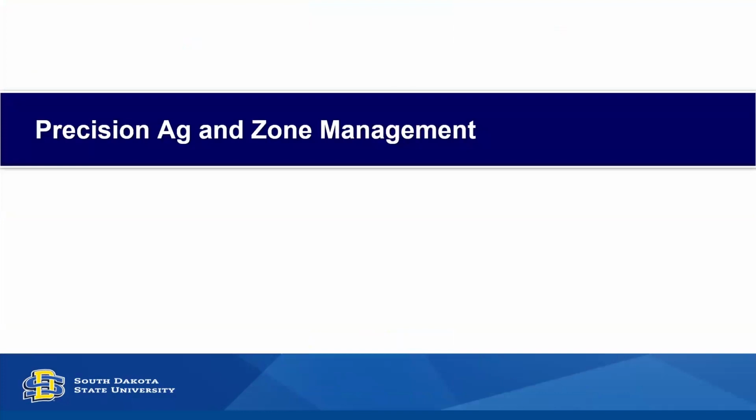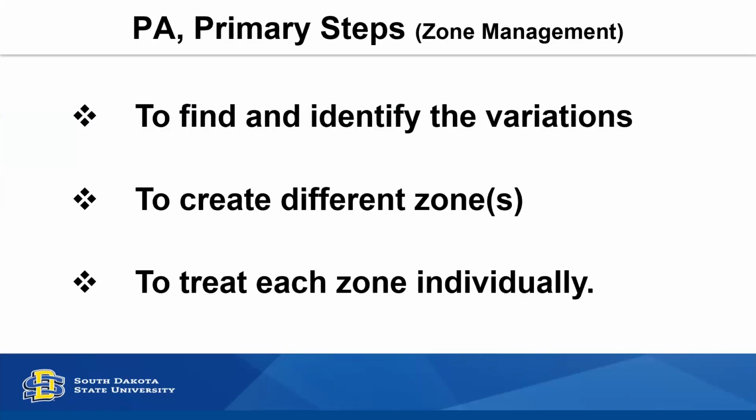So the primary step for precision agriculture is zone management. And the philosophy of management zones is managing each crop production input, like fertilizer and all other inputs, on a site-specific basis by subdividing a production field into smaller units called zones and managing each zone individually.